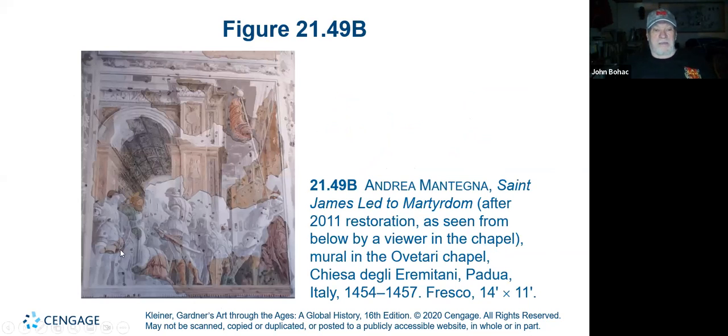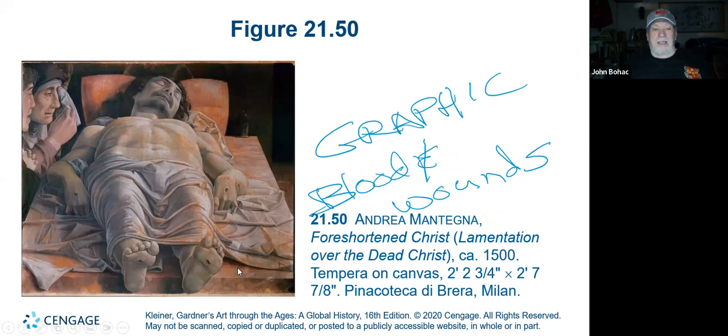And there's what they're trying to restore it. It seems large pieces of it are not there. And Mantegna was good at a lot of things. Like I say, he plays with perspective, point of view, and this is the Dead Christ.